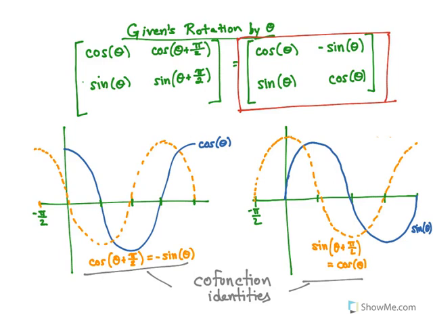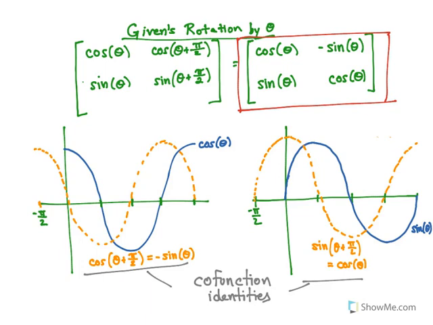And I wanted to take a second and just remind you where that negative sine and cosine come from in the second column. So note that if I look at the function cosine of theta in this first graph here, and I look at instead cosine of theta plus pi over 2, that is a horizontal translation of cosine of theta, pi over 2 units to the left, in the negative x direction.